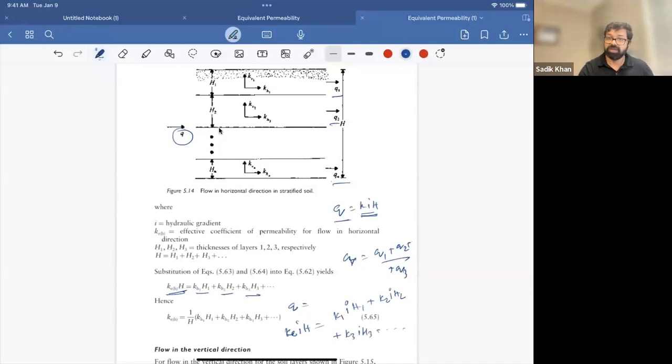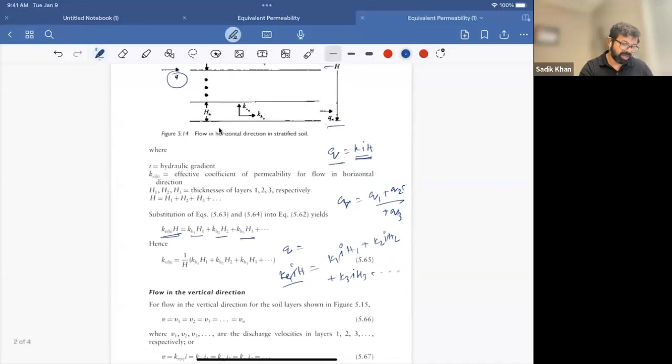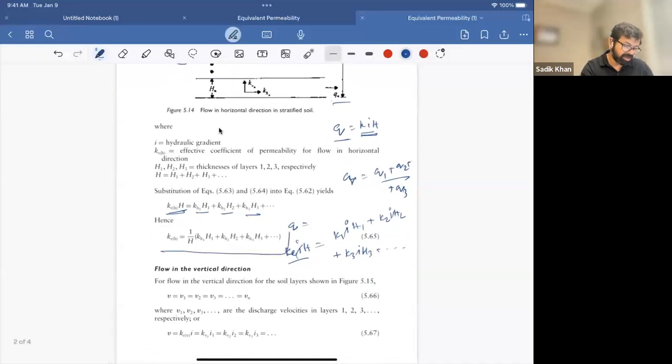I will be taken out from both sides, so KE equals the summation of KH. From there we can find the K equivalent. This is for the horizontal flow, KH along the horizontal line.